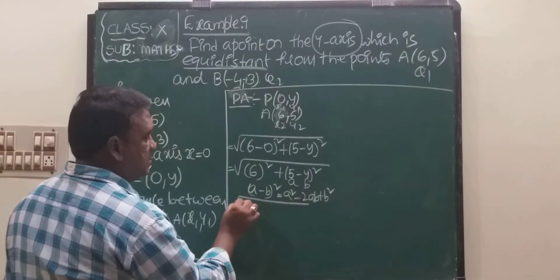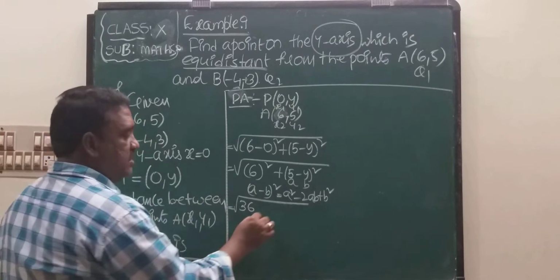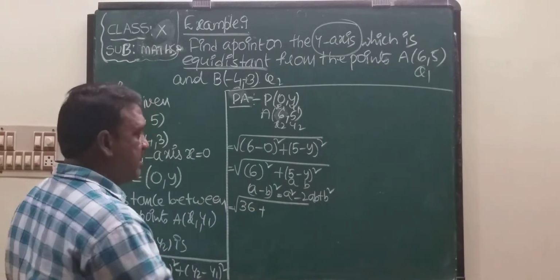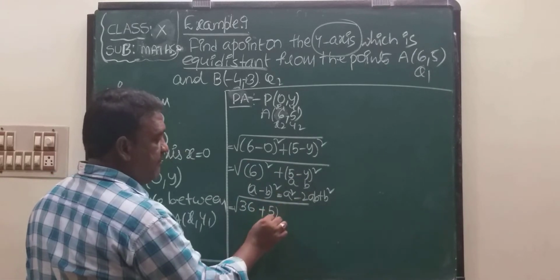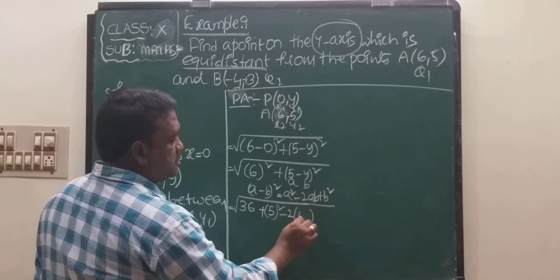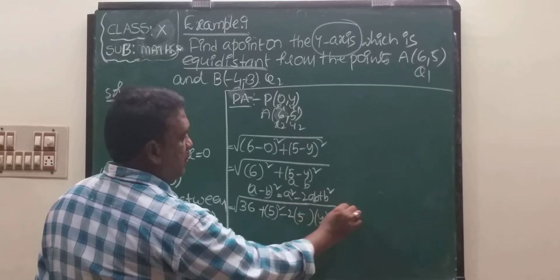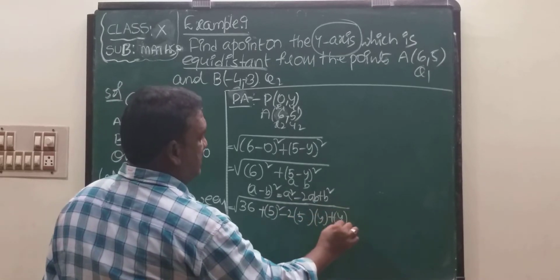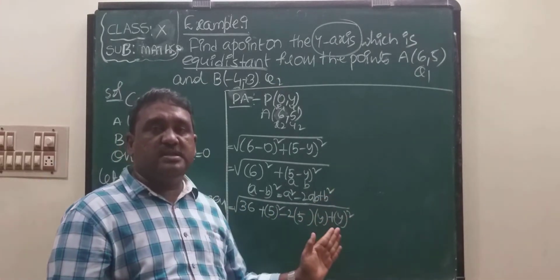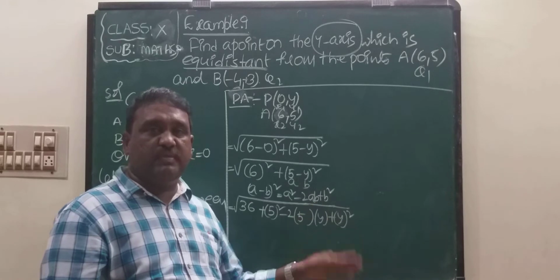What is 6 square? 36. This is a square minus 2ab plus b square. What is a square? 5 square, minus 2 into 5 into y, plus y square.